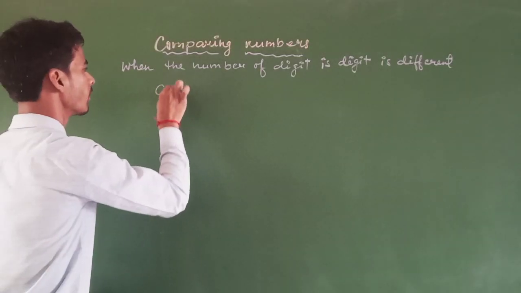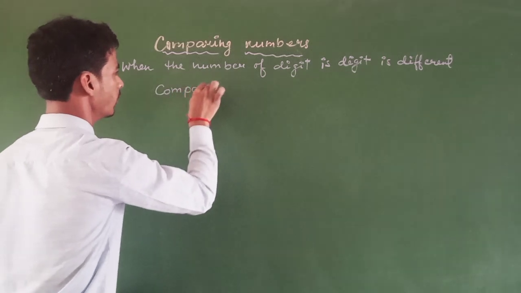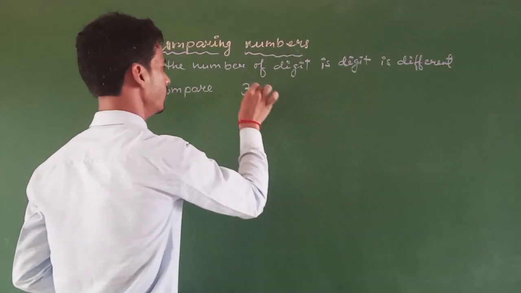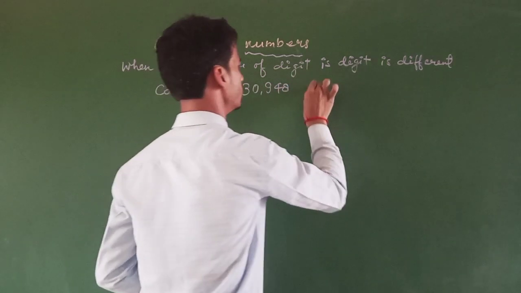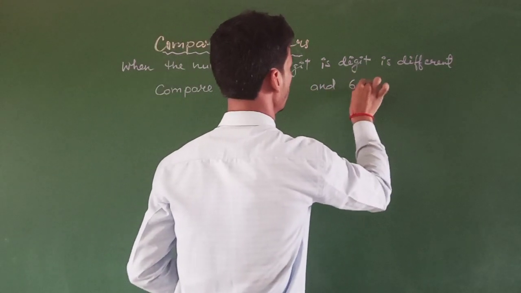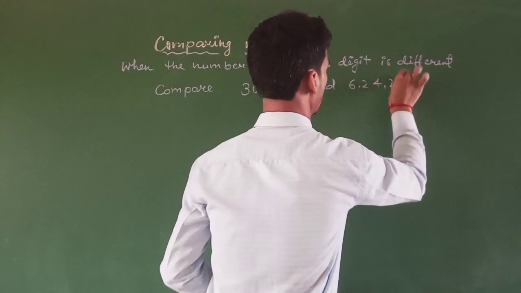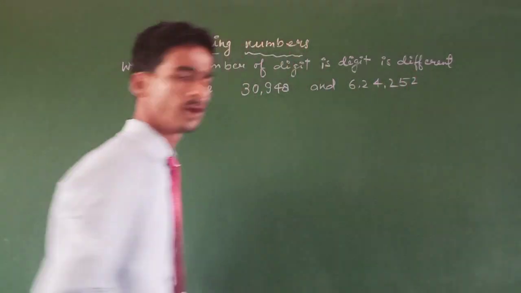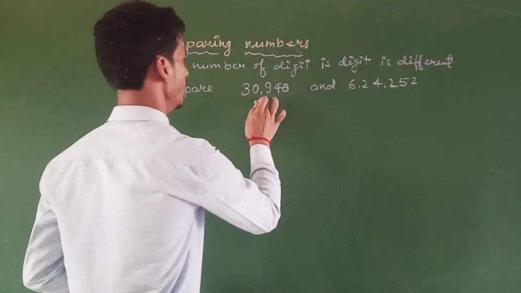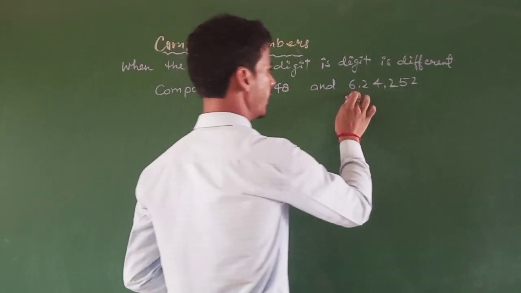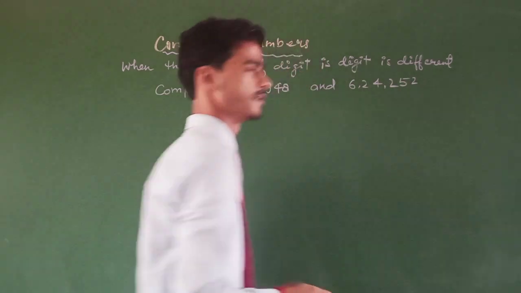Compare 30,948 and 6,24,252. You can see here that there are 5 digits and 6 digits.